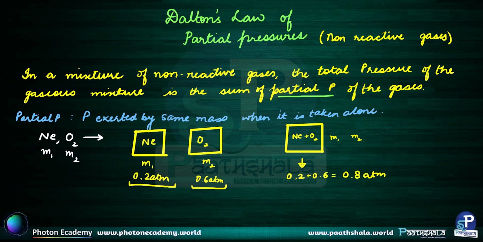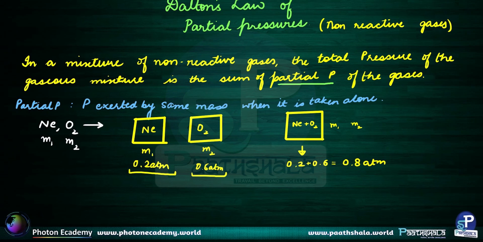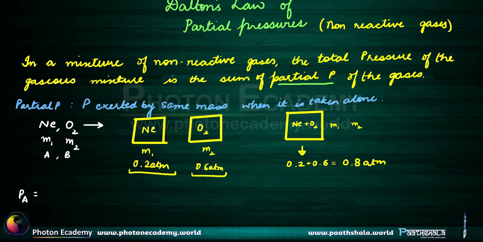Using these relations, we can derive a number of mathematical concepts. Let's see what they are. The first one is the pressure exerted by gas A. Let's just call these A and B and not neon and oxygen, to generalize.